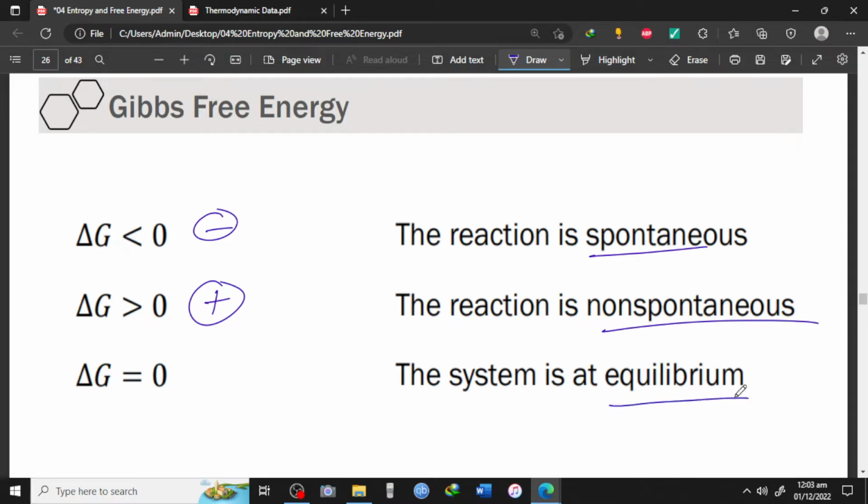Things that you need to remember: for free energy, it should be negative, not positive. So whose positive condition is it to say spontaneous? That is for delta S universe, which is the second law of thermodynamics. But for Gibbs free energy, our condition for a spontaneous process or reaction is negative.